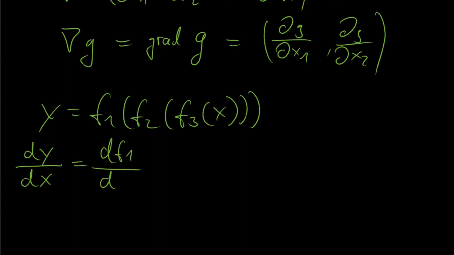So we write df1 divided by df2. We don't have to write the f2 part in its full form, since we know what the f2 represents from here. Then the next part of the chain rule is to multiply with the derivative of the inner part, so f2. f2 is again a nested function, so we first take the derivative of the outer part with respect to the inner part, and then multiply with the derivative of the inner part.